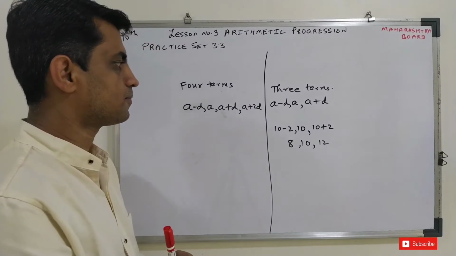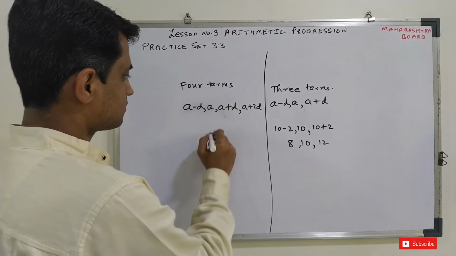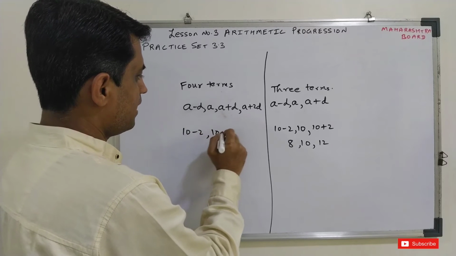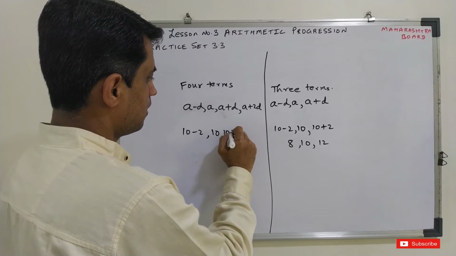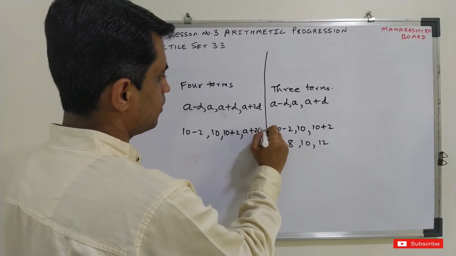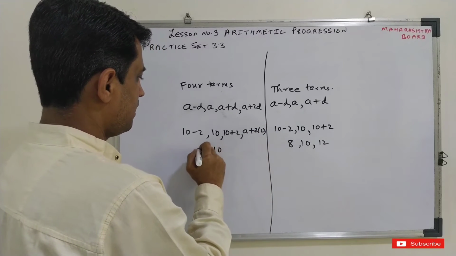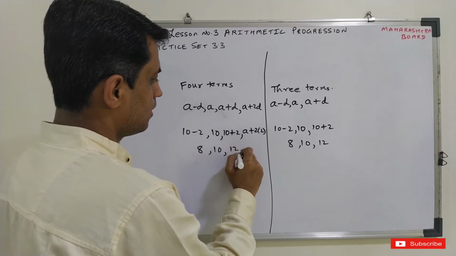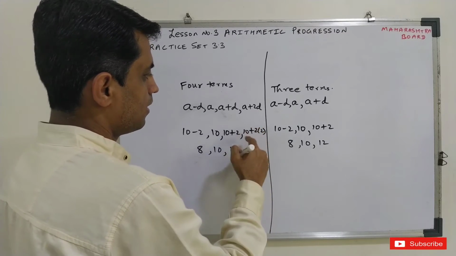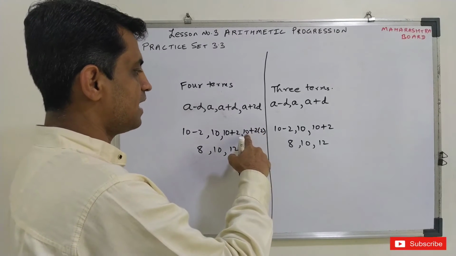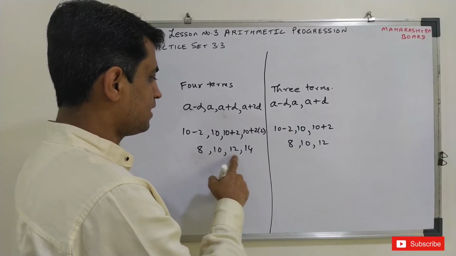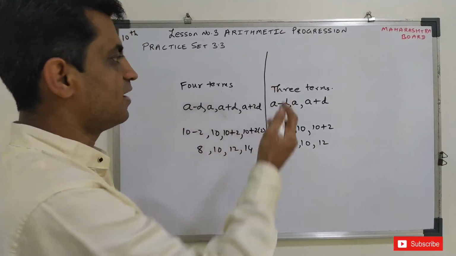Suppose we have taken a as 10: 10 minus 2, 10, 10 plus 2 and 10 plus 2 into 2. So 8, 10, 12. 2 2s are 4, 4 plus 10, 14. So we got 4 terms: 8, 10, 12, 14. In this way you can find 5 terms also.